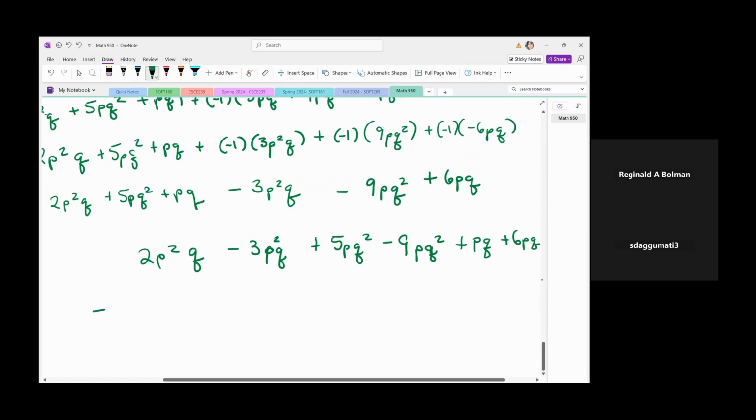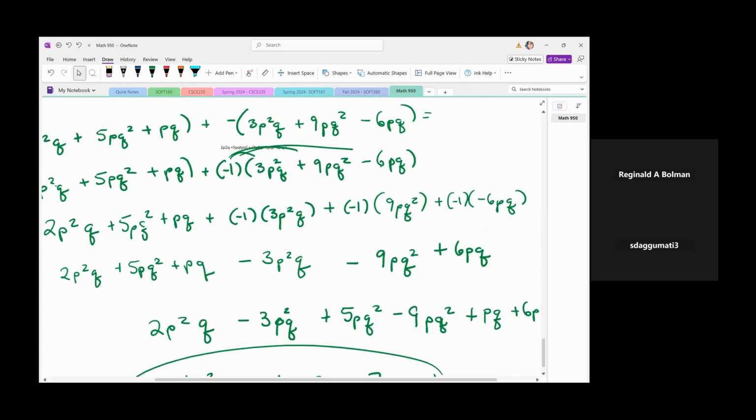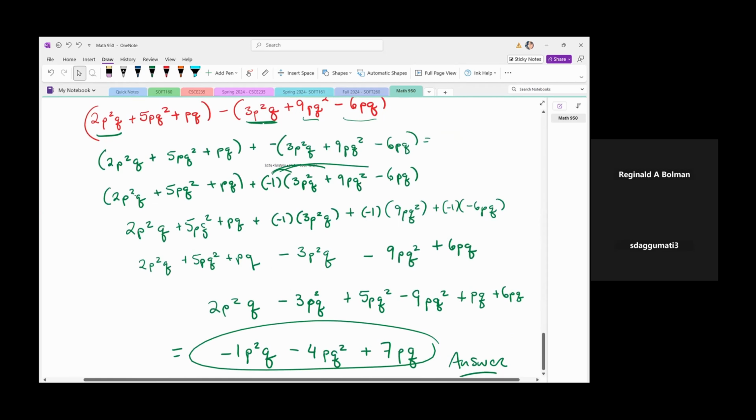So at the end of the day, we've got a negative 1 p squared q minus 4pq squared plus 7pq. And that's my answer. It's pretty straightforward. I would say the only trick is really remembering that you have to distribute the negative 1.